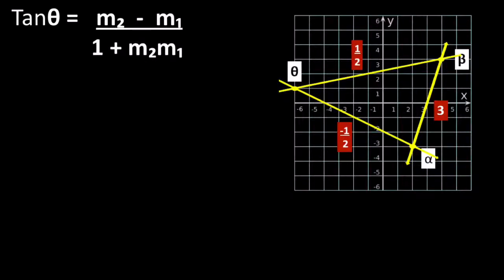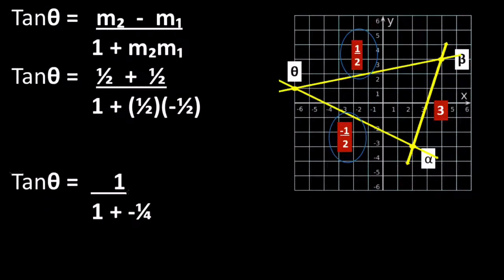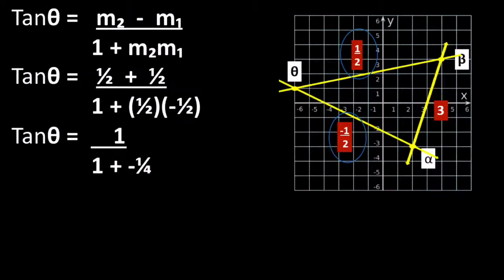From the formula that we've derived earlier, we just substitute the following slopes: 1/2 and negative 1/2. So it would be tangent theta equals 1/2 plus 1/2 over 1 plus 1/2 times negative 1/2.